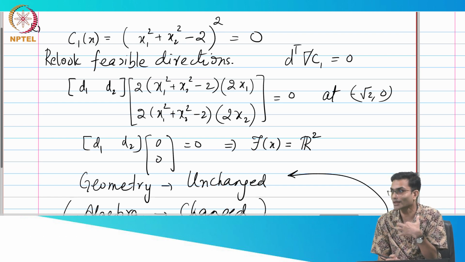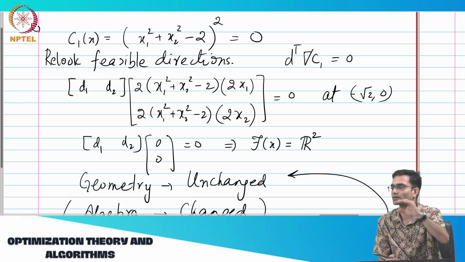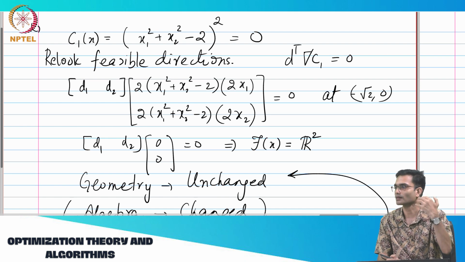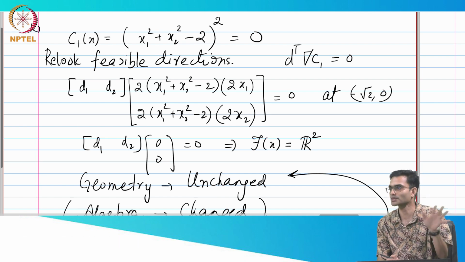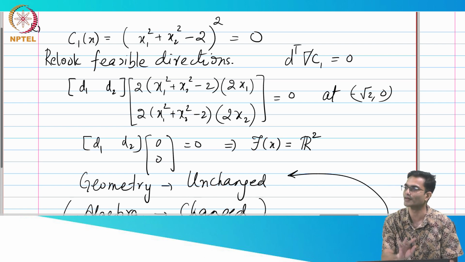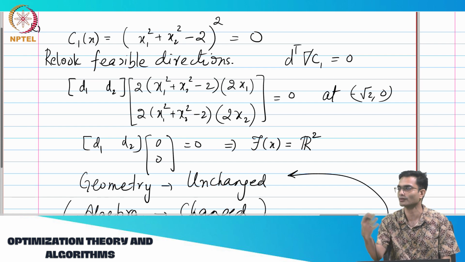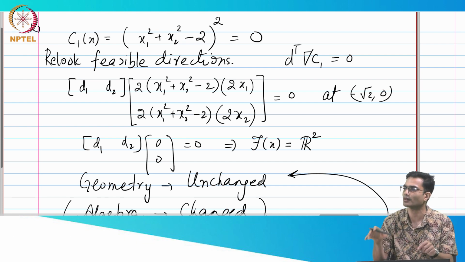So I don't want that to happen. So there is something shaky about this way of coming up with feasible directions. I need one more kind of filter to tame it down. Those filters are called constraint qualification, which we will come to. I'm just giving you a trailer of what is to come. But we've identified the problem here: I squared it, I could take a square root of it, I could cube it, whatever. Other ways of writing the same constraint will get me into trouble.